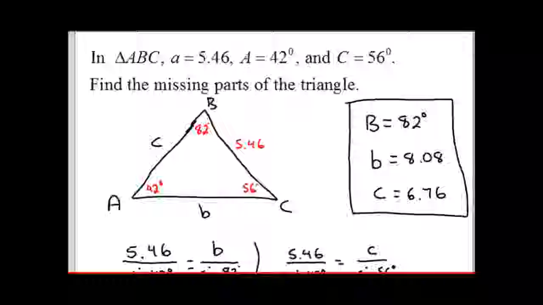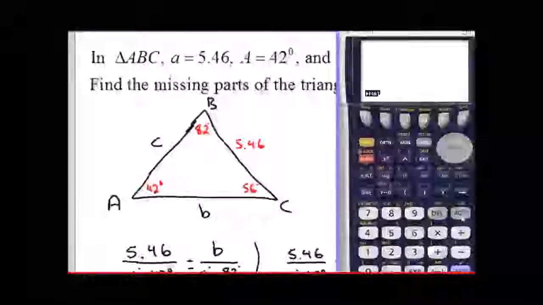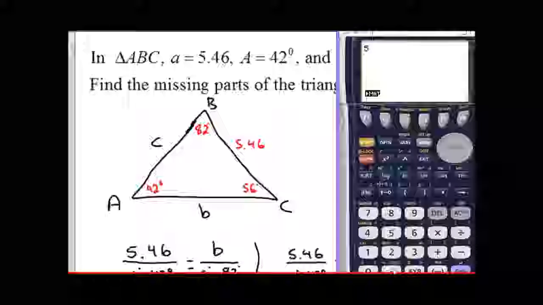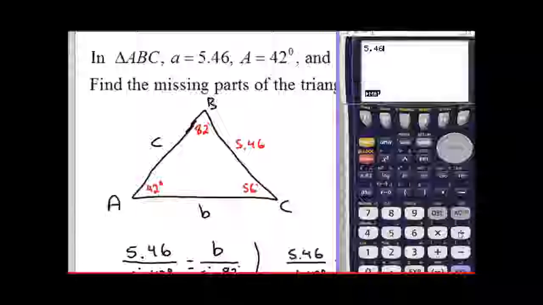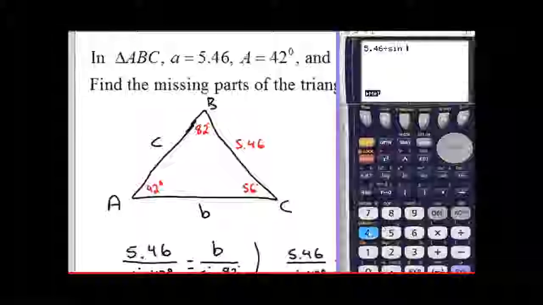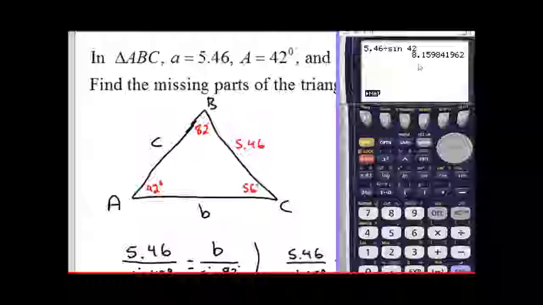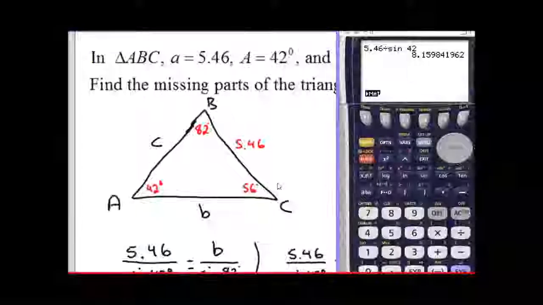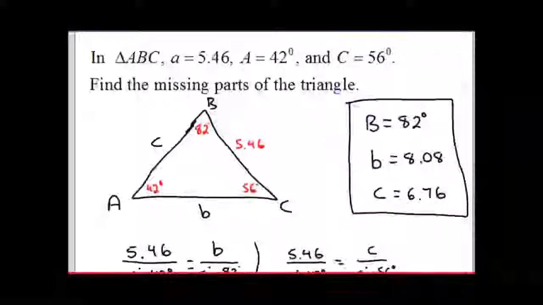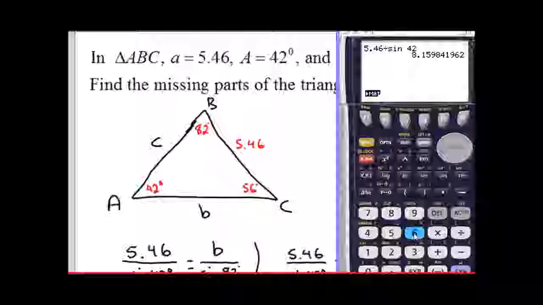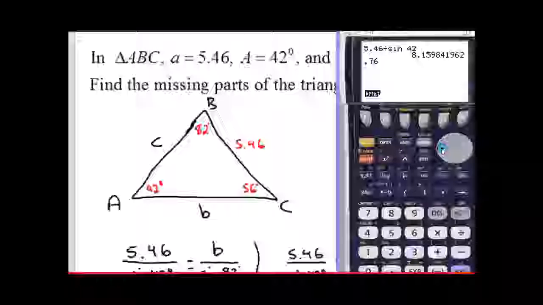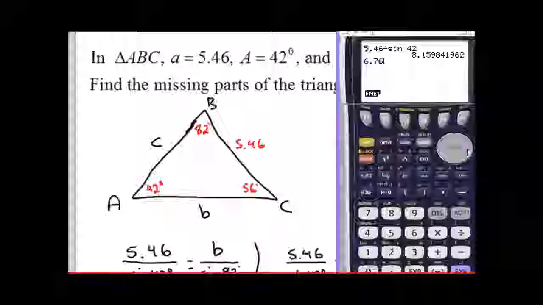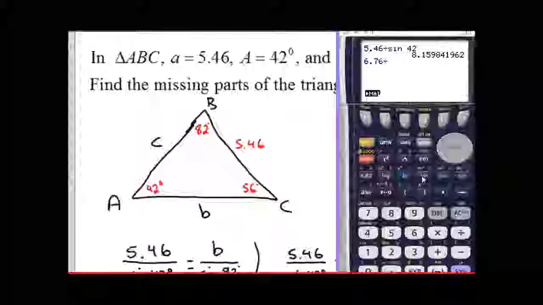6.76 units. Okay. Now, guys, like I said, the ratio of every side divided by the sine of the angle opposite should be the same. So watch this. If I take side A, 5.46, and divide it by the sine of angle A, 42, I get 8.1598. I'll do the same thing with side C and angle C. Side C was 6.76, and I'll divide it by the sine of 56.